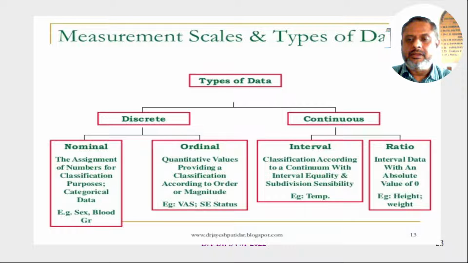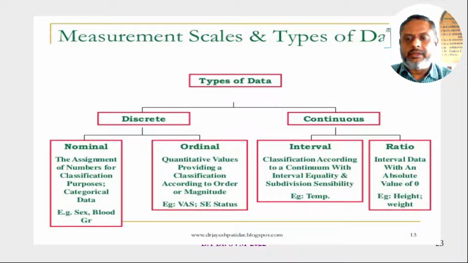Half, double, all ratios are possible in distances, but not possible in time. 2 p.m. cannot be said as 2 times 1 p.m. But yes, 2 kilometers can be said as 2 times 1 kilometer. So that's the basic difference between interval and ratio. Interval, temperature, time, and all that are the examples.